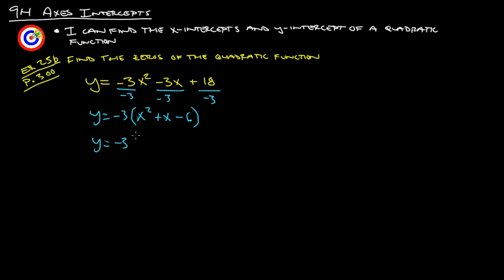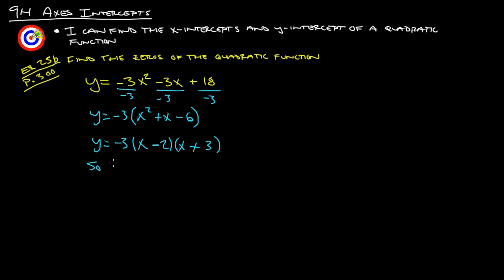This should factor, and we want to figure out what factors of 6 have a difference of 1, and that would be 2 and 3. This sign here always goes with the bigger of the two factors, so that's going to be plus 3. And this sign here tells us that the signs are opposite, because they multiply together to get a negative, so this here will be negative.